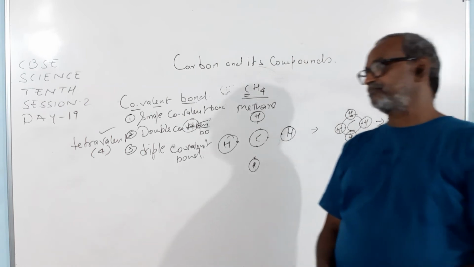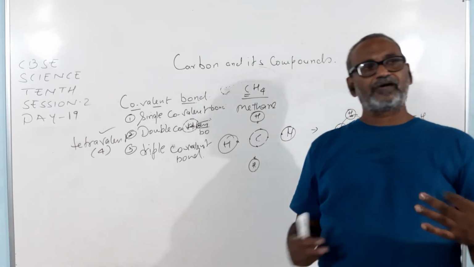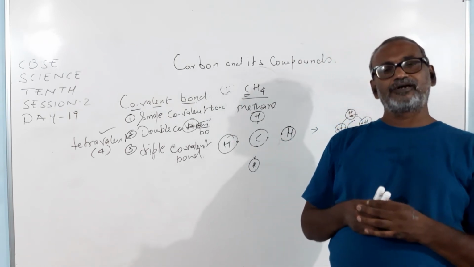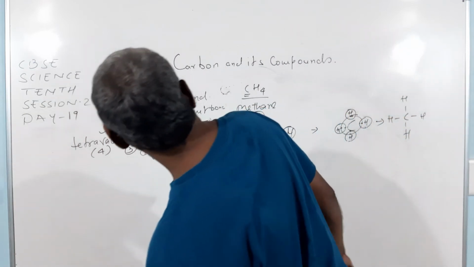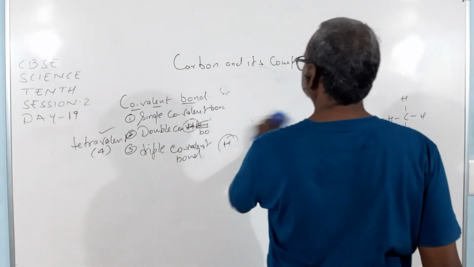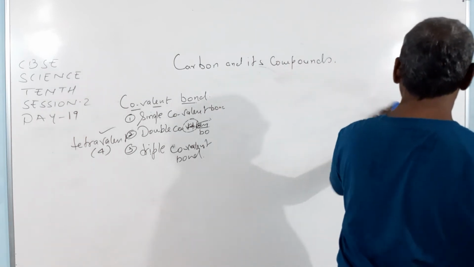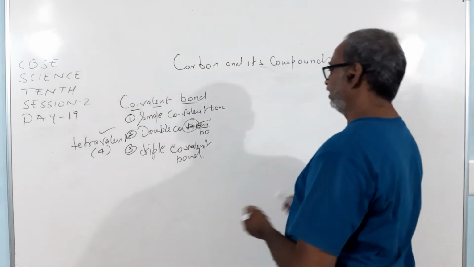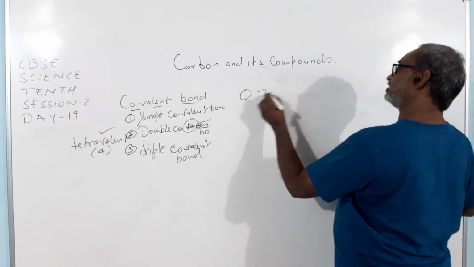So it is clear from these illustrations that when 2 atoms share 1 pair of electron between them, a single covalent bond is formed. Electronic configuration of oxygen is 2,6.